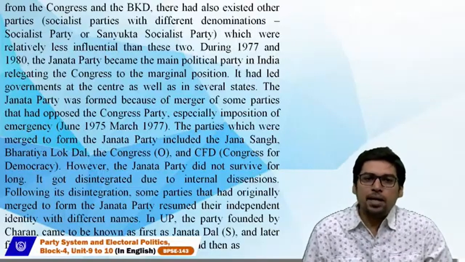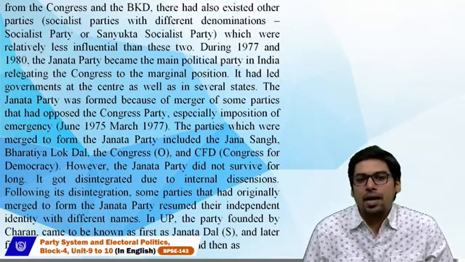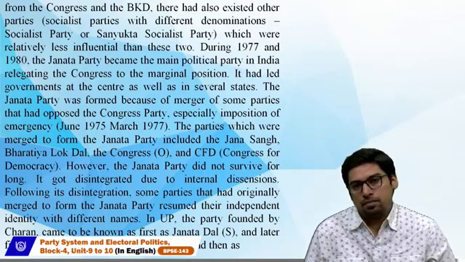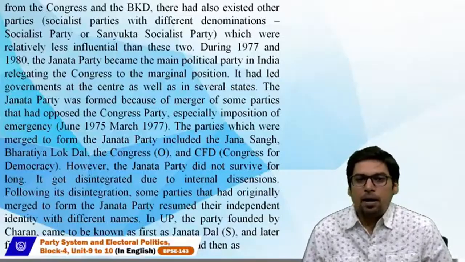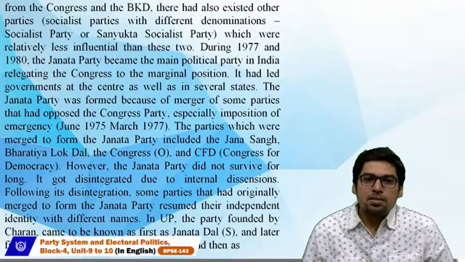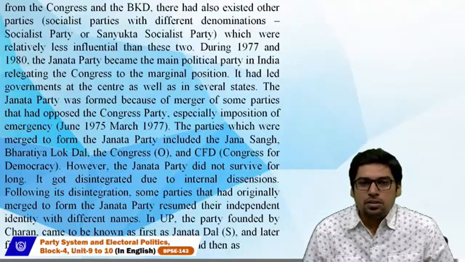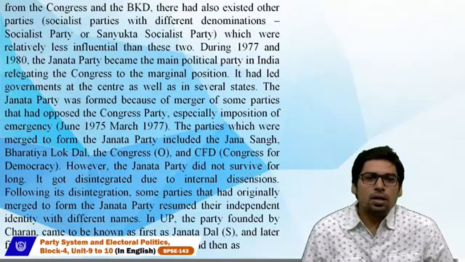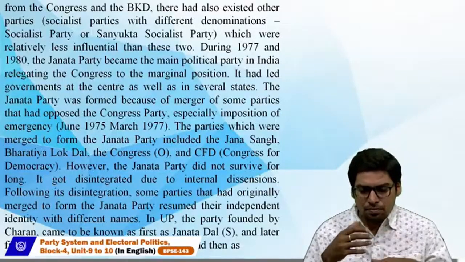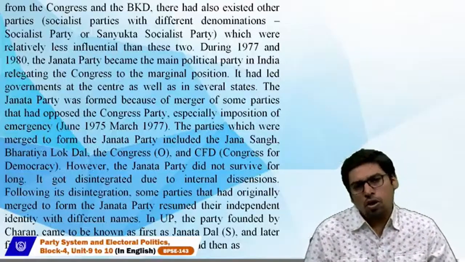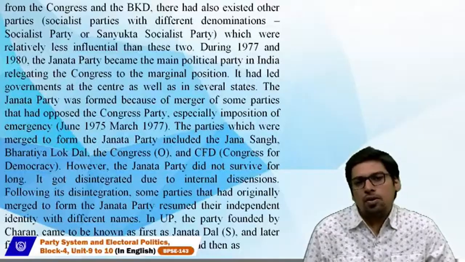The Janata Party was formed because of a merger of parties that had opposed the Congress Party, especially its imposition of the Emergency. The parties which merged to form the Janata Party include the Jana Sangh, Bharatiya Lok Dal, and the Congress O. Congress O was basically a group of the Congress Party, a new party formed, and the Congress for Democracy.